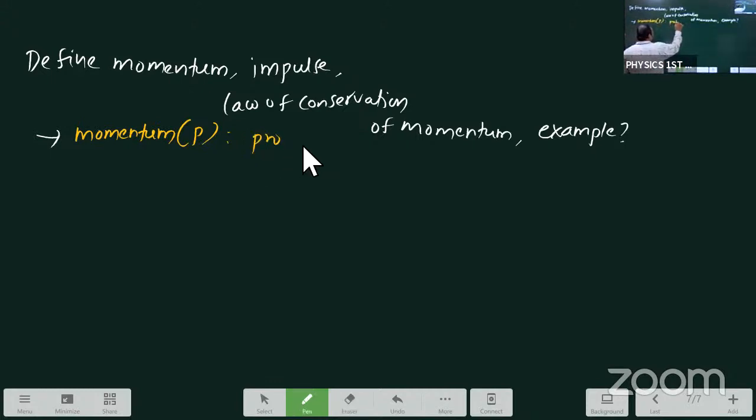Just one line. Product of mass and velocity. This one, shortcut, student answer: MV, over.